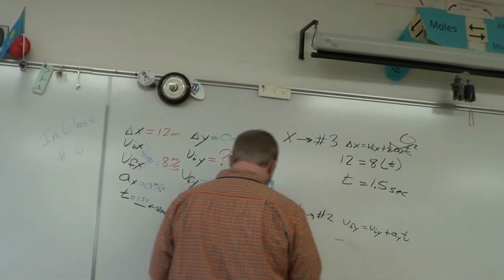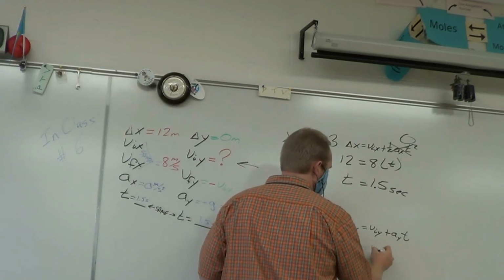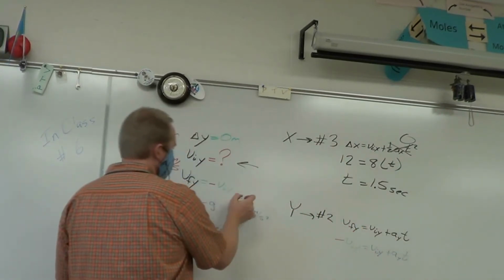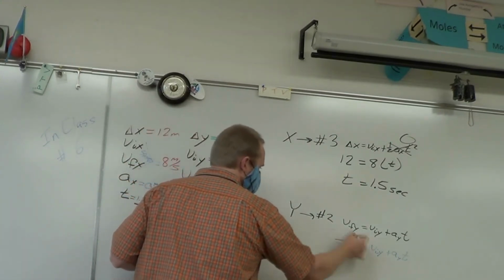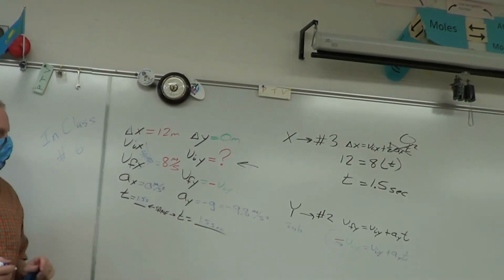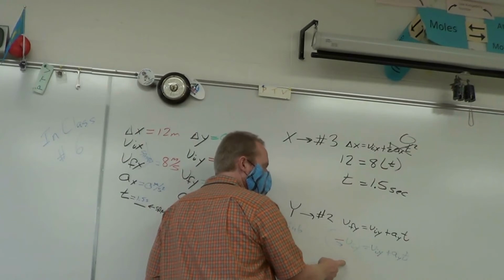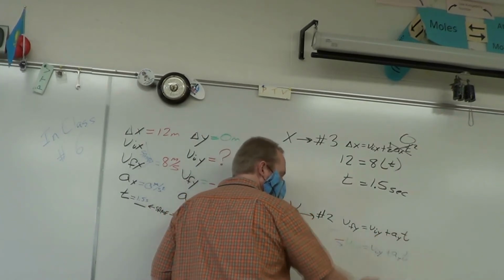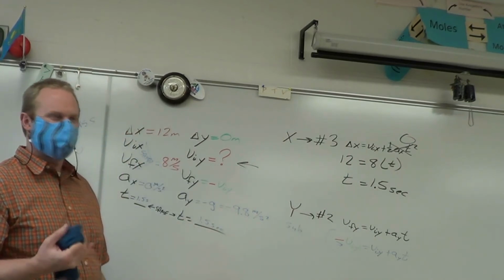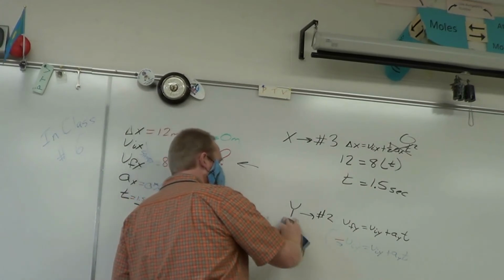And then that's equal to VIY plus AY times T. We could do a substitution right there, move this over, and you get negative 2 VIY is equal to AY times T. It's possible. Most people don't choose to do that because it's 2 unknown variables, but it is mathematically doable.